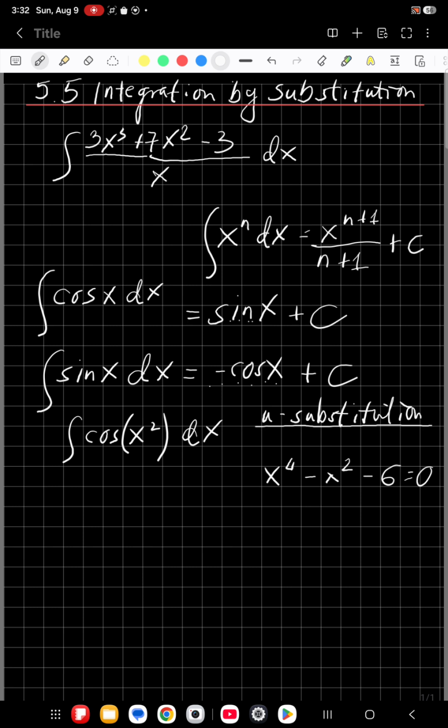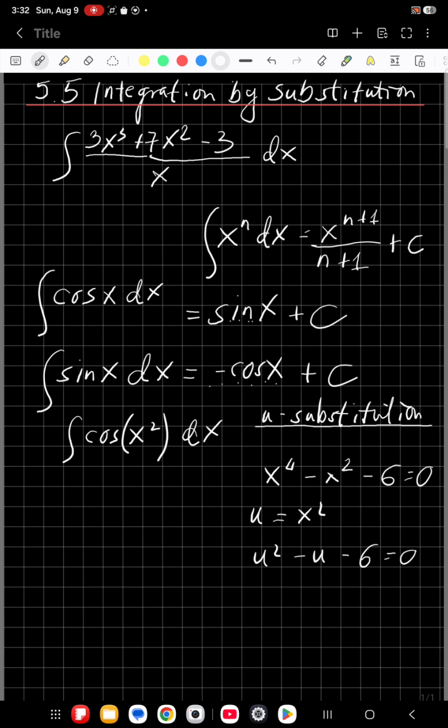The way to solve it, you would substitute u for x squared. After you've done it, you would have u squared minus u minus 6 equals 0, and this is pretty easy to solve.